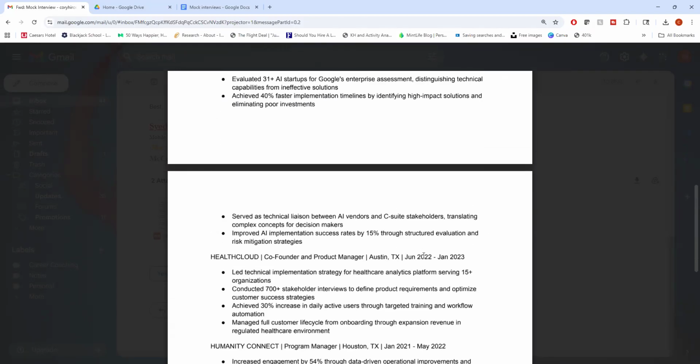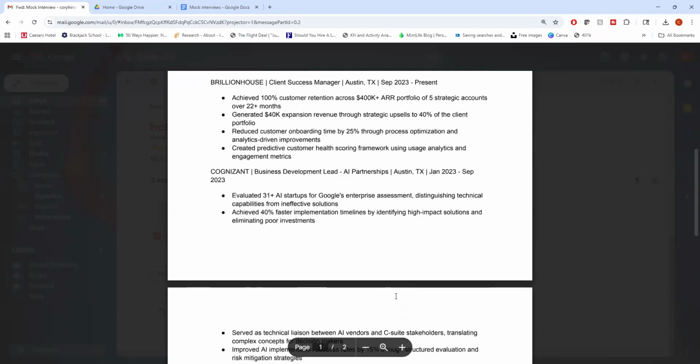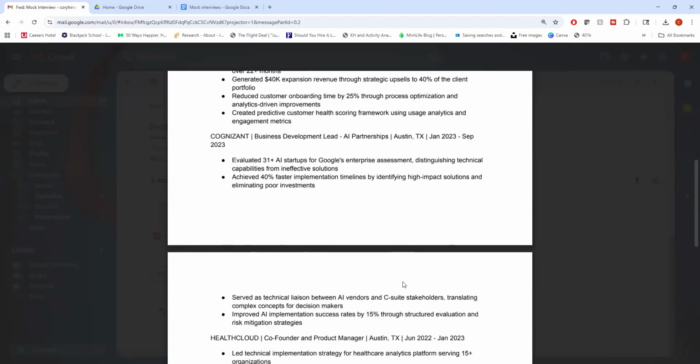Prior to that, I was at Cognizant managing AI partnerships for Google. During the time of the Transformer Revolution, Microsoft had invested roughly $10 billion into ChatGPT. And one of the programs that Google was running was to see whether or not they wanted to build or buy.